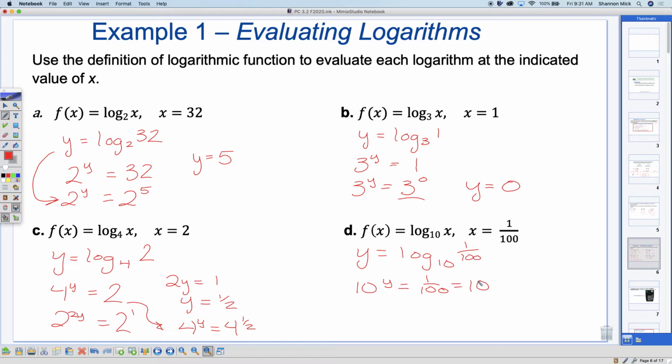What exponent reciprocates stuff? Negative. So it'd be 10 to the negative 2. Yes, you gotta remember those negative exponents. So y equals negative 2. When you put a problem in its final state, yes, you would get rid of the negative exponent, but you still have to remember that they reciprocate things.